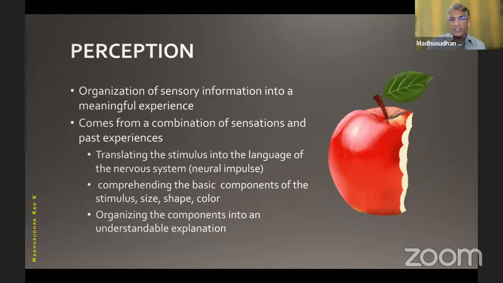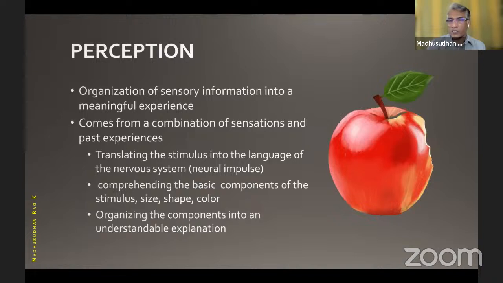Now, translating the stimulus into language and the nervous system, that is neural impulses, comprehending the basic components of the stimulus: size, shape, and color. If I show you a small, tomato-size apple, will you immediately recognize it as an apple? You'll say it is looking like an apple, but it is something else.